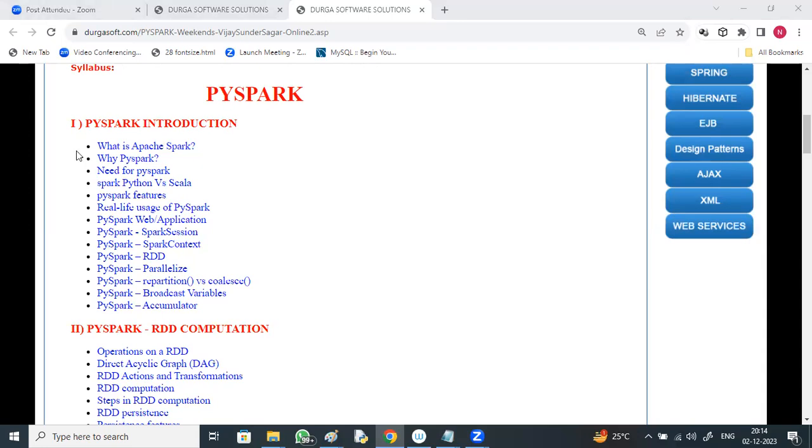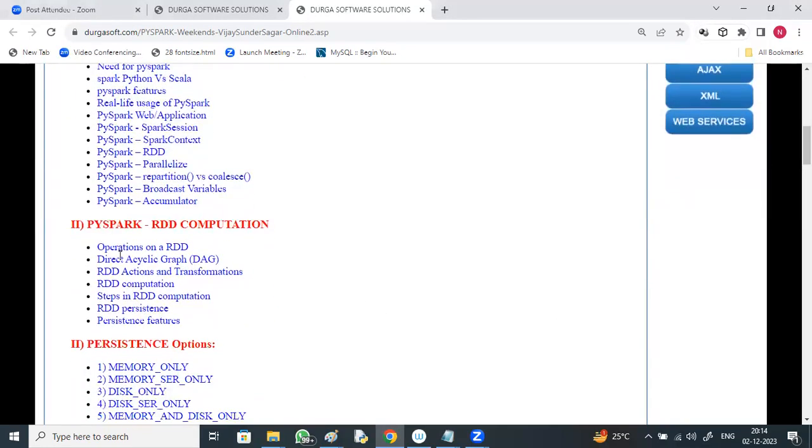So PySpark introduction, Apache PySpark, need for PySpark, features, web application sessions, parallelizing, repartition, broadcast variables, RDD computations, DAG. What do you mean by DAG?